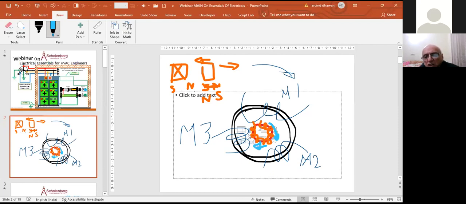The moment it reaches this point, the field pushes it forward in this direction. So M1 kicks out the rotor at this point. It moves here, this kicks it out, this kicks it out. And this rotational kicking results in rotation of this rotor. Okay, gentlemen, this is how a motor works. I hope I've answered your question, sir.